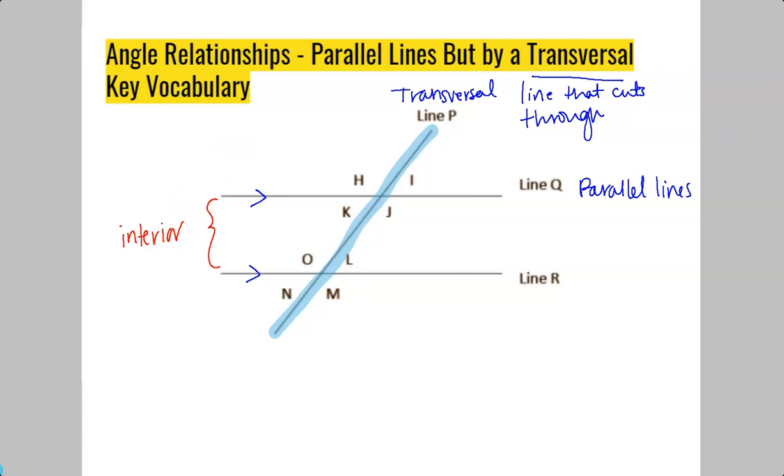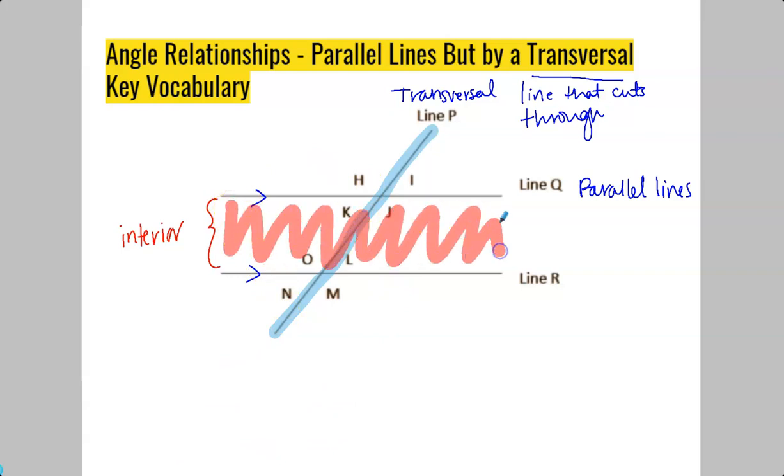We also talk about exterior. Interior would be everything in between the parallel lines, and your exterior would be everything outside of your parallel lines. So above here would be exterior, and also below here would be exterior.